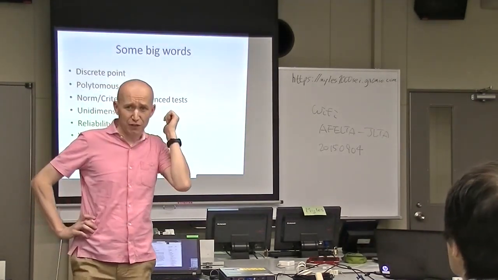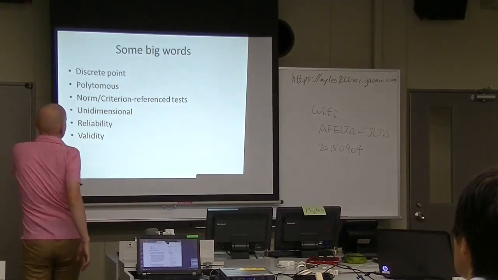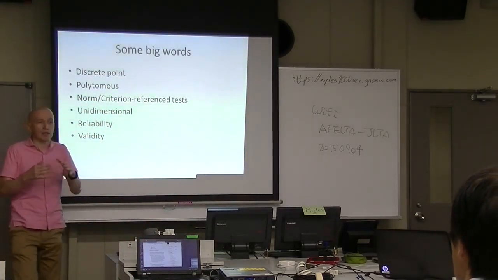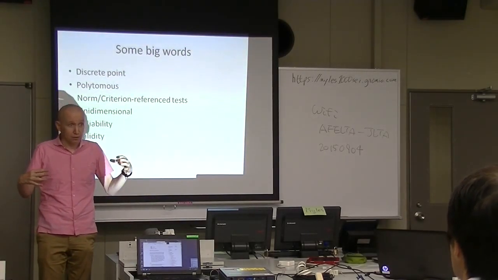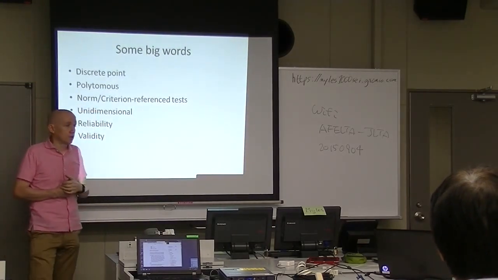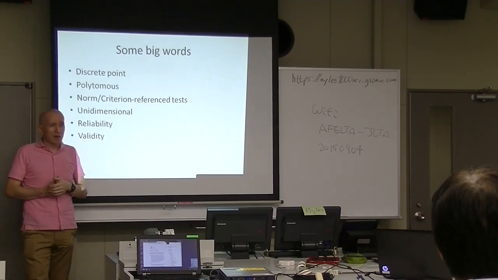Have you heard of unidimensional? Okay. When we're looking at tests, ideally we want to be unidimensional. That is, we want to measure one thing only. To put it simply, that might be measuring speaking skills.